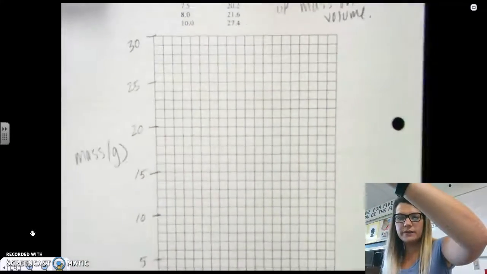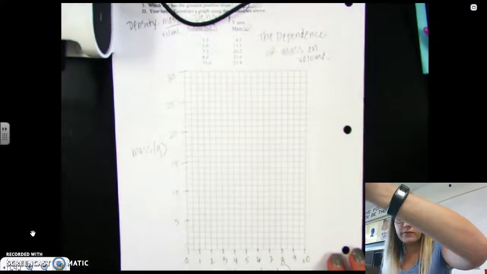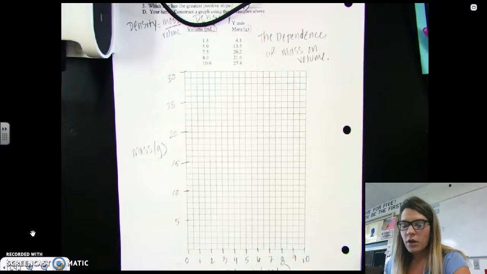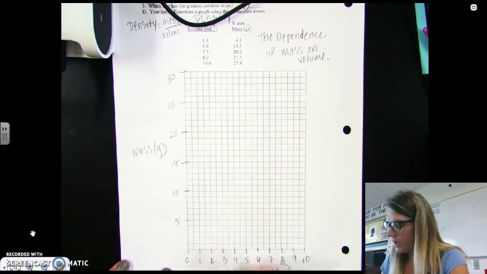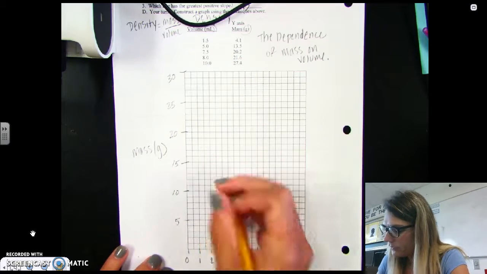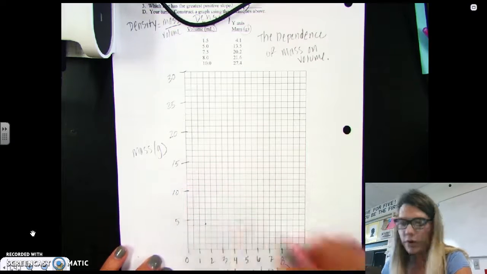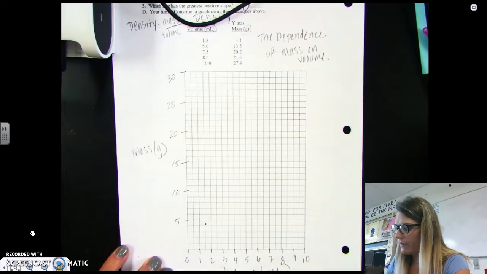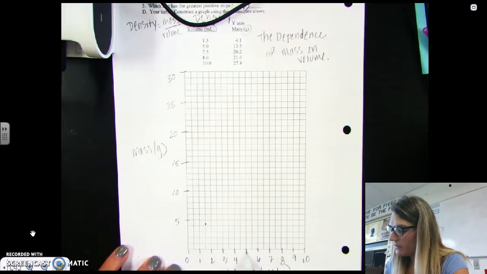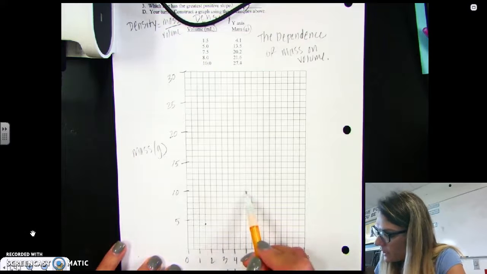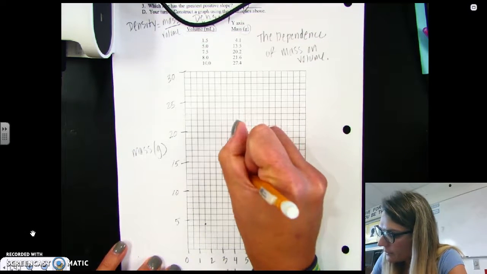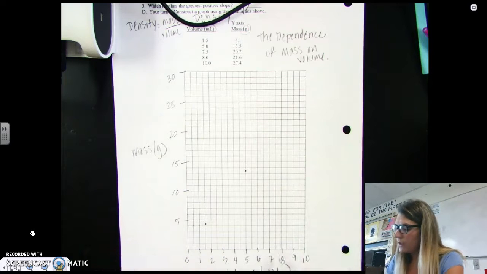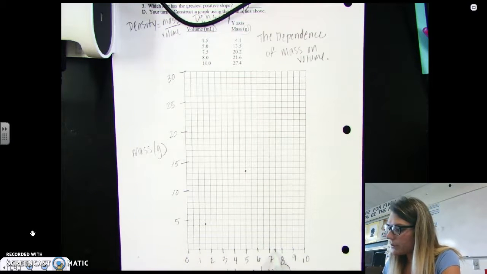So let me zoom out here for you guys so we can see this whole graph. My first plot is 1.5 and 4.1. So I have 1.5, here's 4, so I'm right here, 4.1. Then I have 5 and 13.5, so I'm going 5, 10, 11, 12, 13, 13.5, so I'm right here. Next is 7.5, which is right here, up to 20.2.